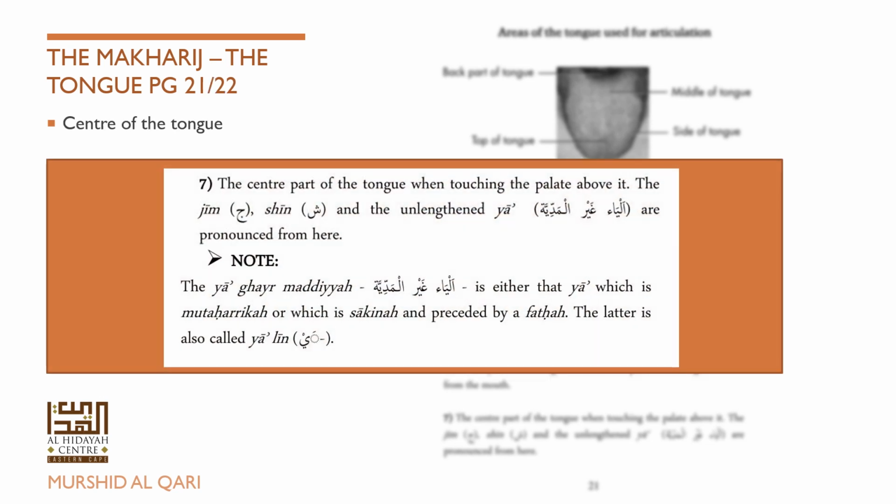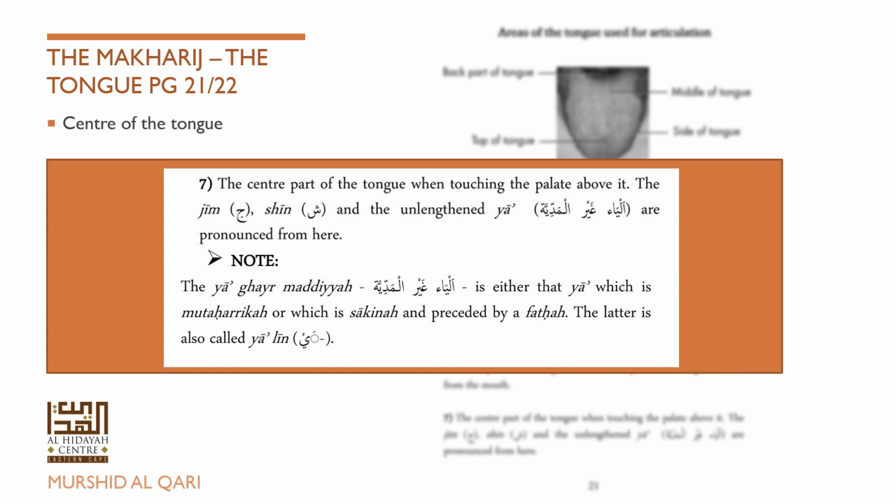Number 7, the center part of the tongue, when touching the palate above it, the jim, the sheen, and the unlengthened ya, meaning al-ya ghayr maddiyah, are pronounced from here. Note, the ya ghayr maddiyah is either that ya which is mutaharrika or which is sakina and preceded by a fatha.